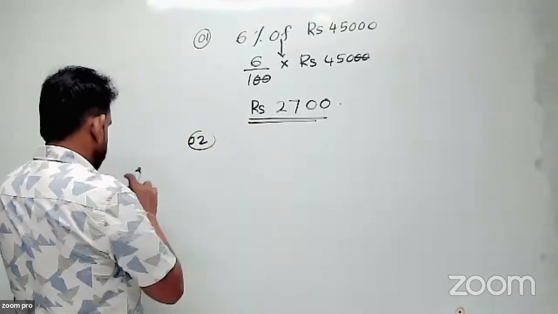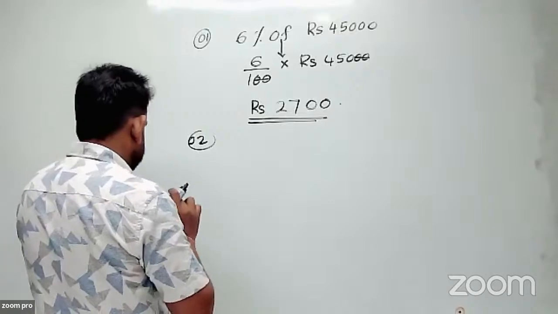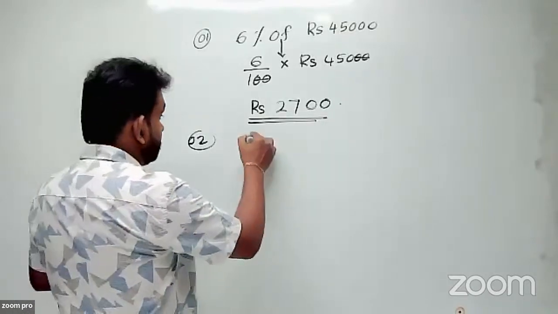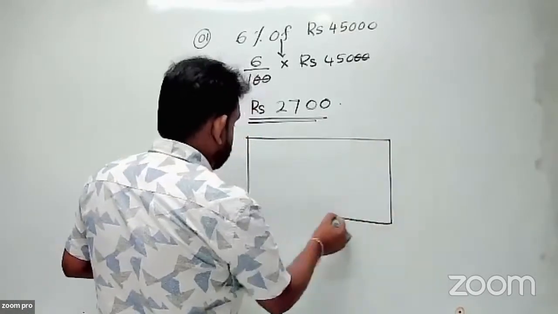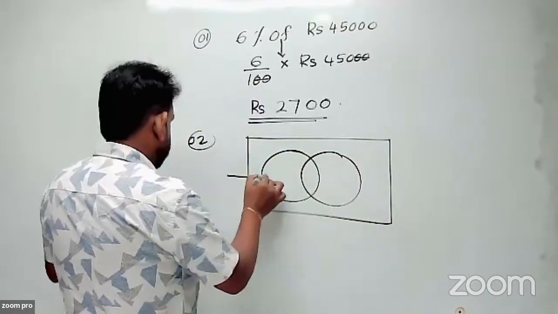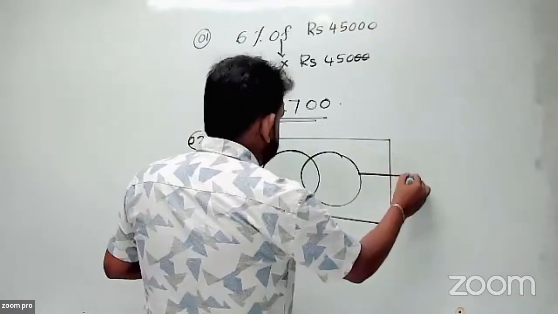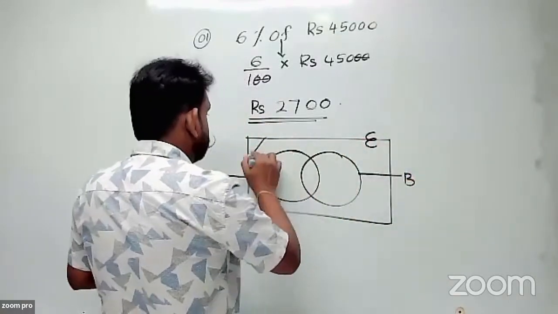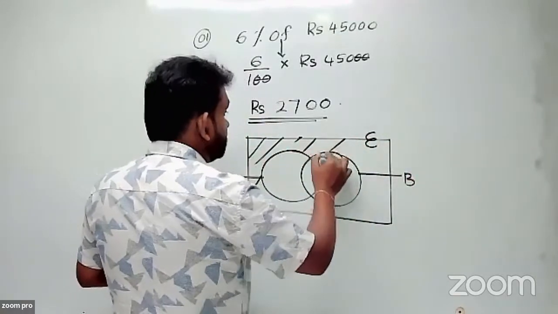Then question number two: find the shaded part in set notation of the given Venn diagram. You can see this is the Venn diagram and we have two subsets called A and B. Here this is the universal set and this is the shaded part.